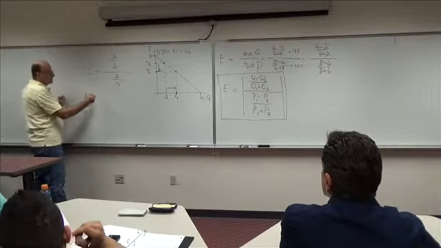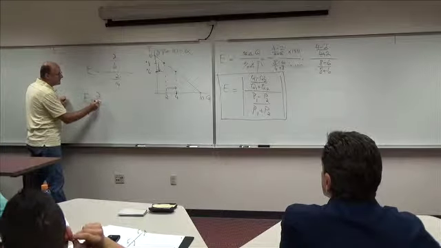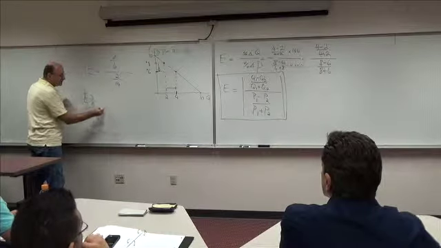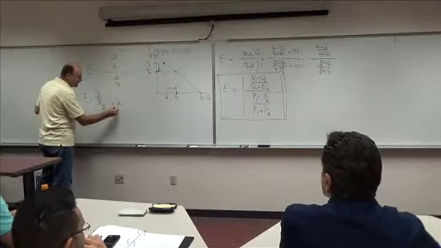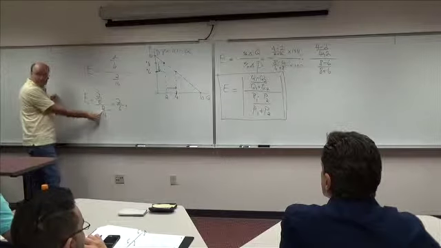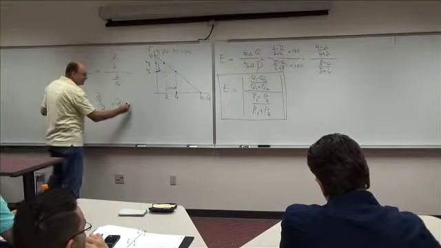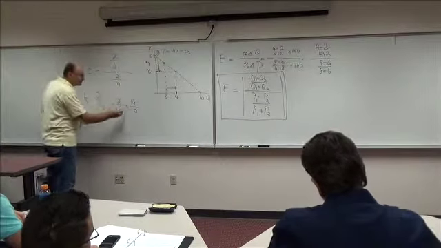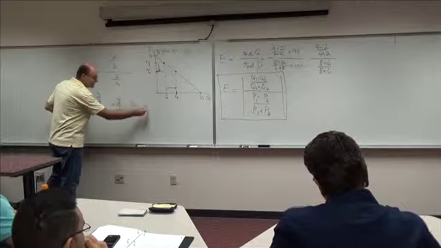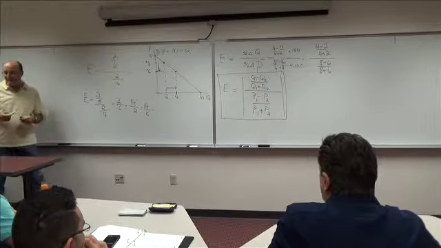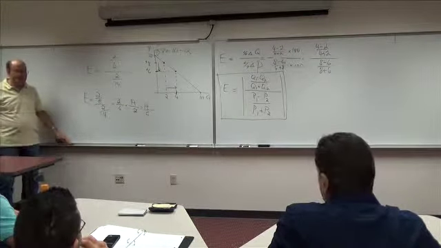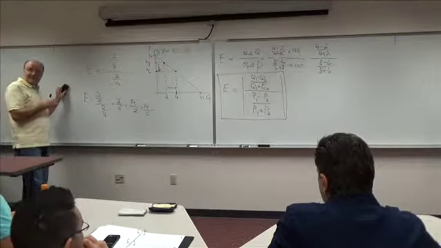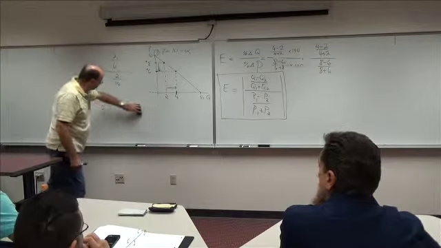E equals 2 over 6 divided by 2 over 14, which is equal to 2 divided by 6 times the inverse, 14 over 2. Correct? Yeah. These 2's cancel out, and what's left is 14 over 6. That makes sense? Okay. Very good. So that's how you calculate elasticity. That makes sense, guys? Good.